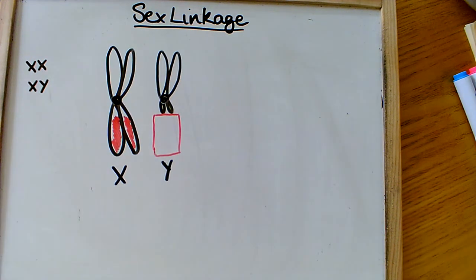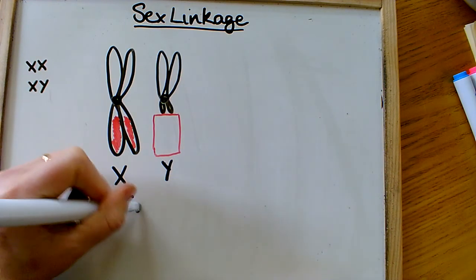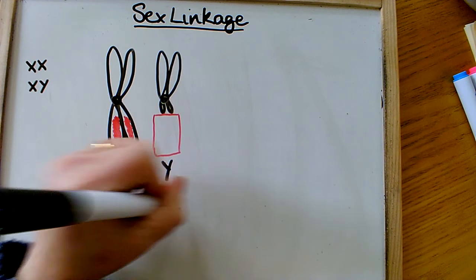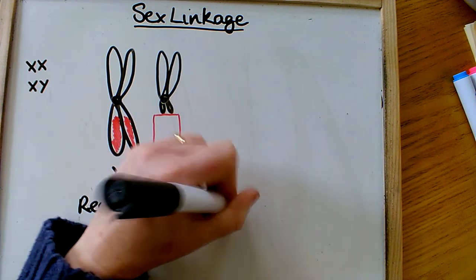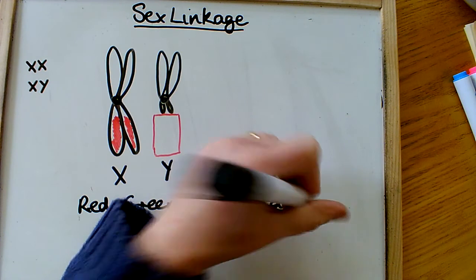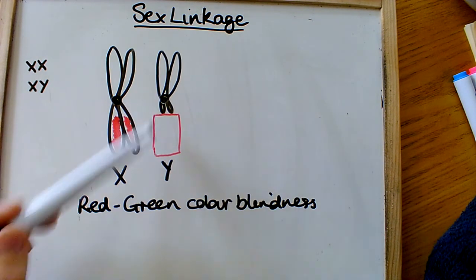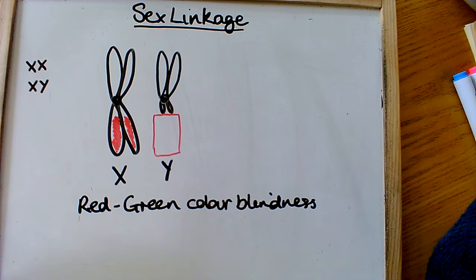So really good examples of this are red-green colour blindness, which is inherited, seen far more often in males than in females.